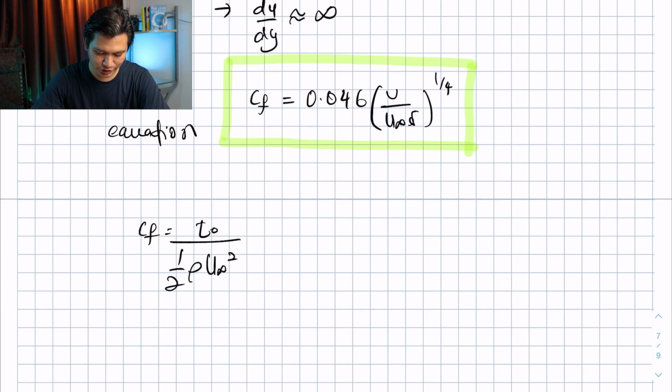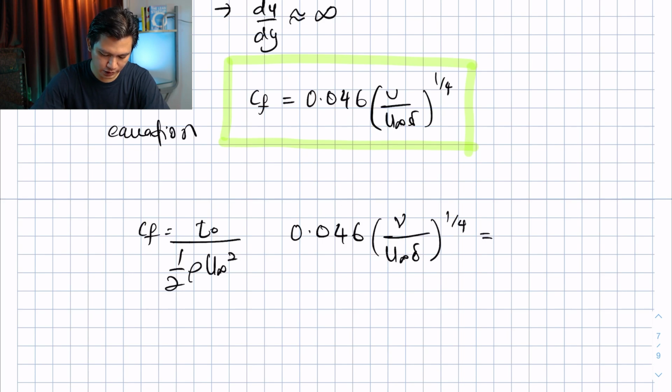And what do we do with it? We know that CF is now given by the Blasius equation, so 0.046 nu over u infinity del to the power of 1 over 4 is equal to tau naught over half rho u infinity square.